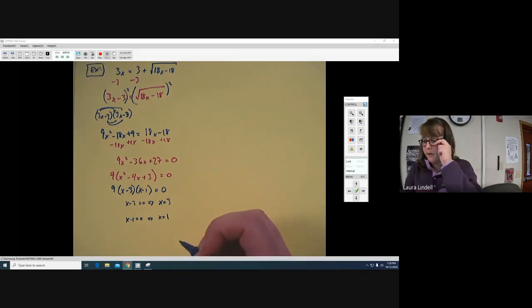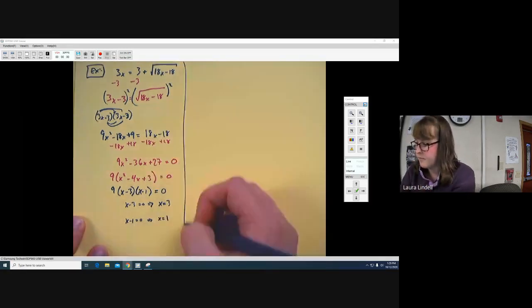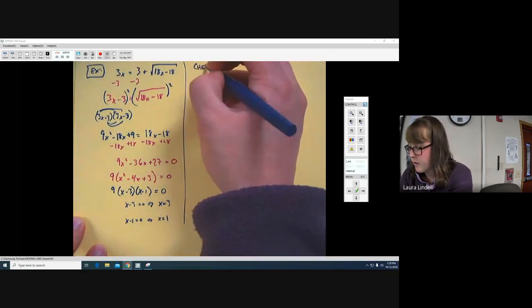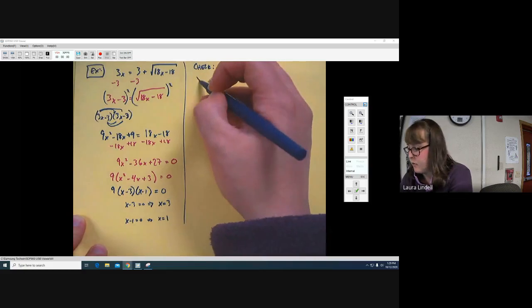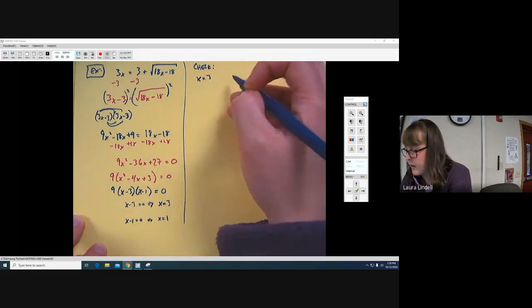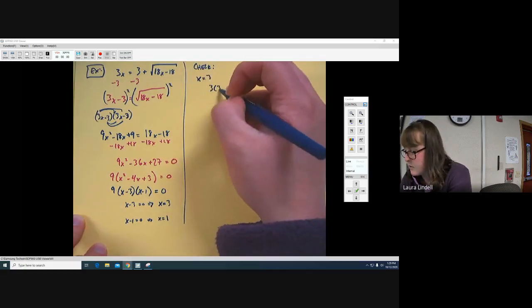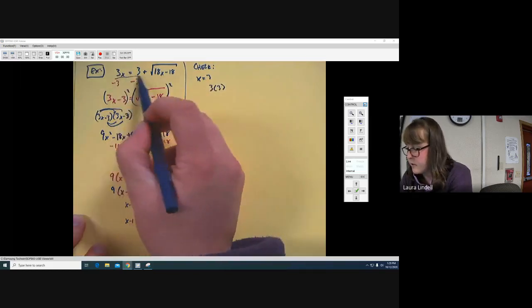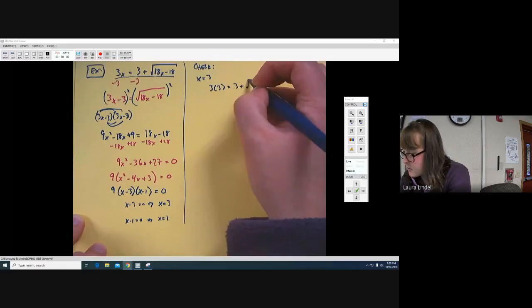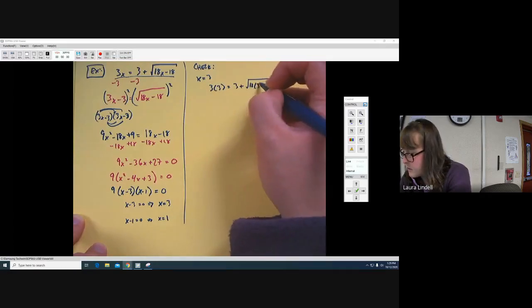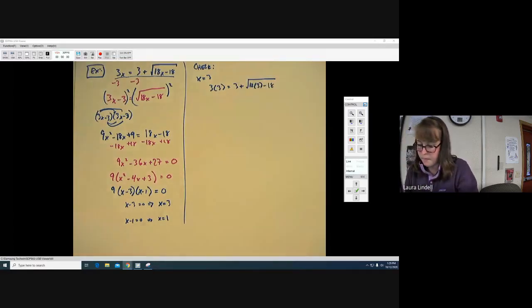And then just like last time, we're going to go back and check. So we're checking x equals 3, so we would get 3 times 3, because we're dealing with that first equation here, equals 3 plus the square root of 18 times 3 minus 18.